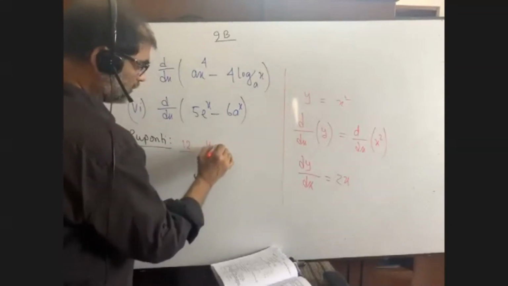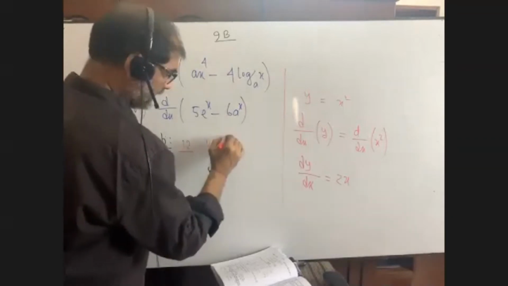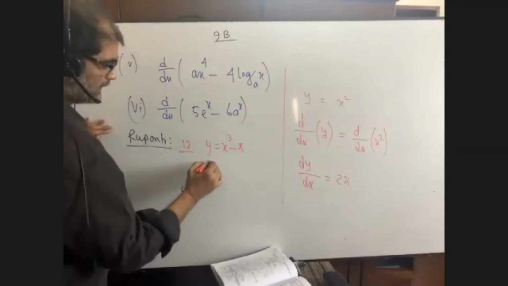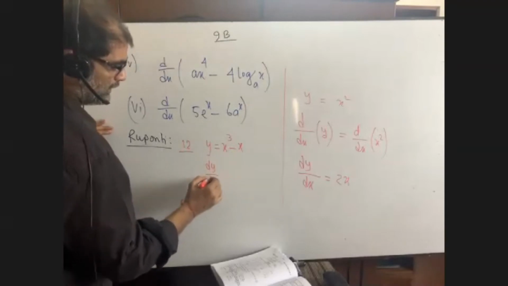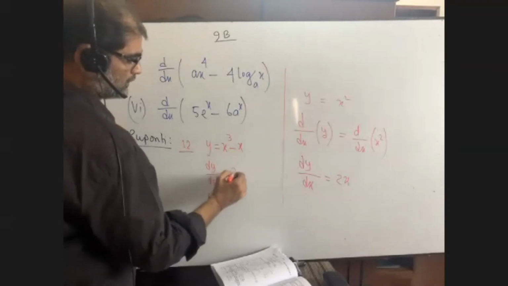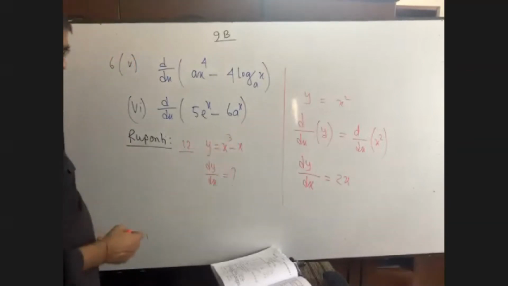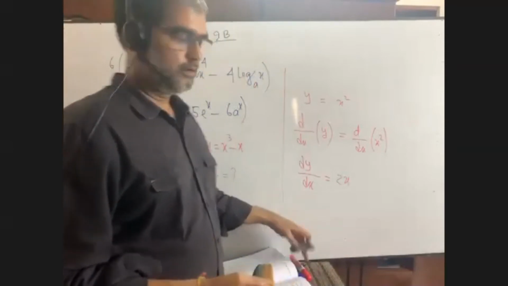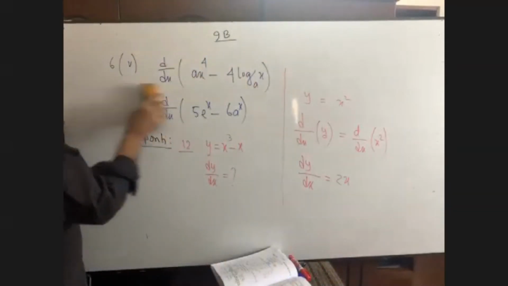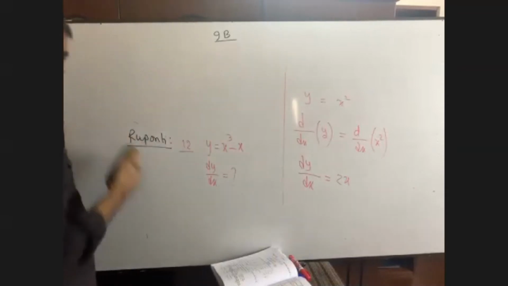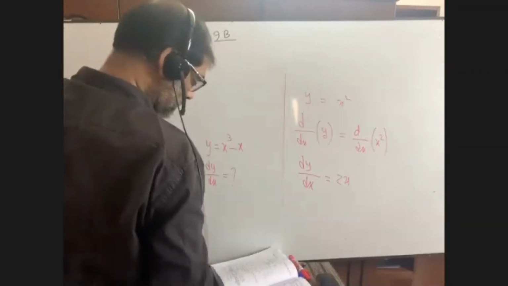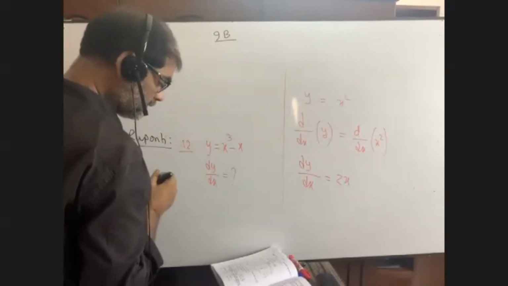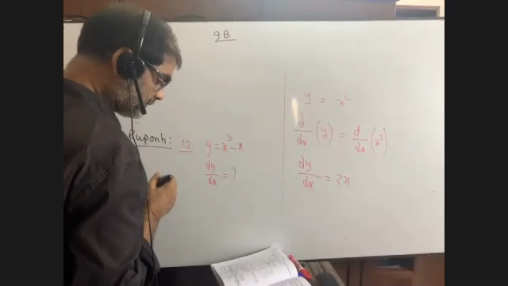In the math of Ubuntu, question number 12, you see important math. y is equal to x cube minus x. Then the question is dy by dx equals to what? You have to do the math in this way. Please write down. Have you copied it? Yes, sir.